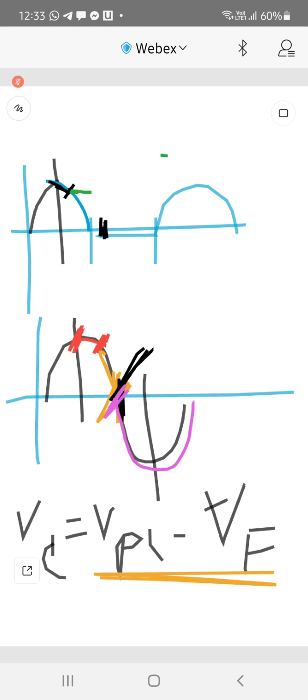Initially, it is the voltage across the capacitor, which is VPI minus VF, and the capacitor had started discharging little by little. So the output value of the voltage VC would be something like this. The capacitor is discharging. It has not come down to zero.